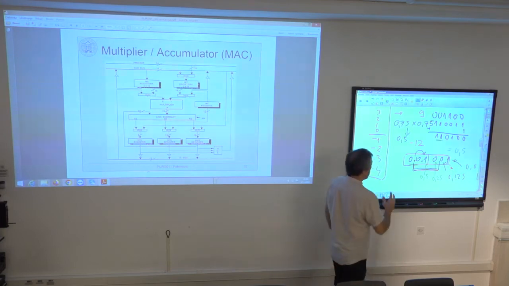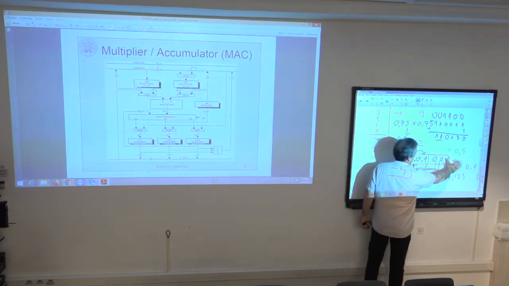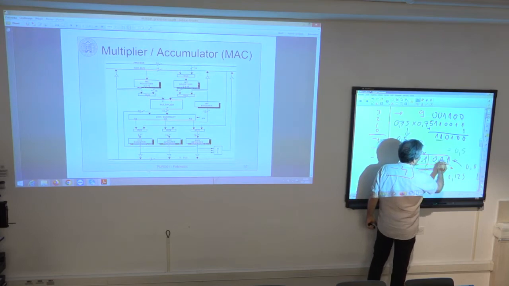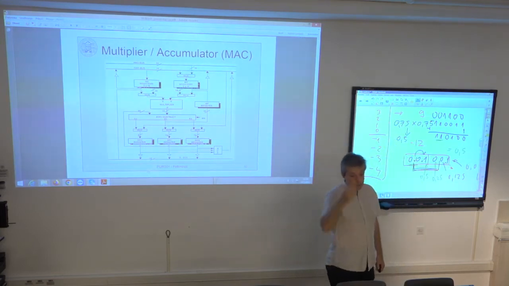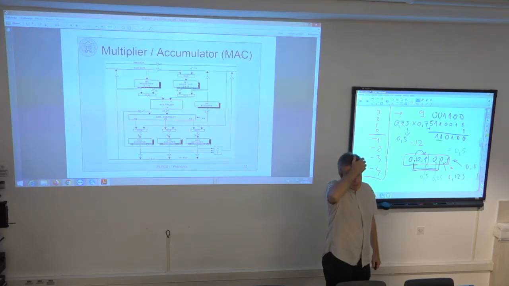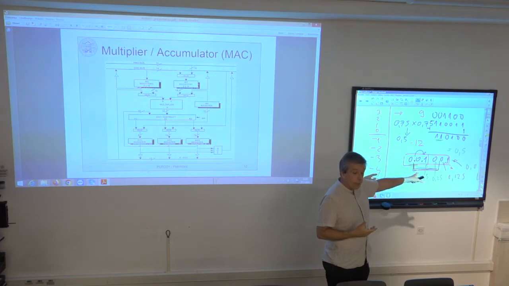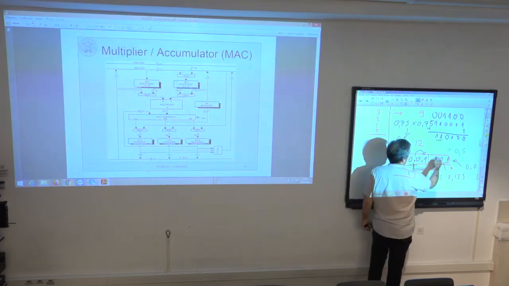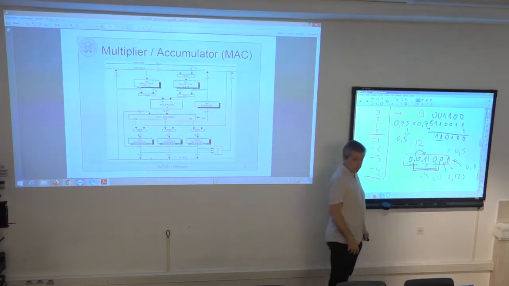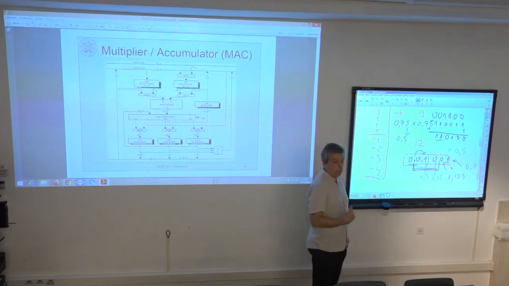But if the remainder is larger than half, which means that the first bit of the remainder, or the lower word, is set to 1, it means that this part that I'm truncating is larger than 1/2, and it is better to increase the value of the upper word by 1.